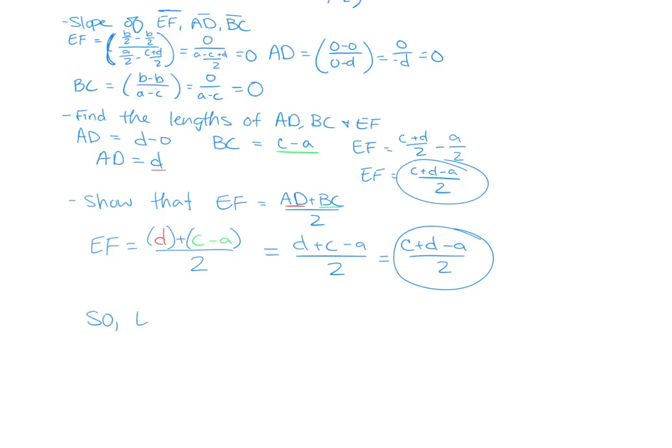So our EF, we were able to prove that it's parallel to AD, it's parallel to BC, and we were also able to prove that EF is equal to AD plus BC divided by 2.